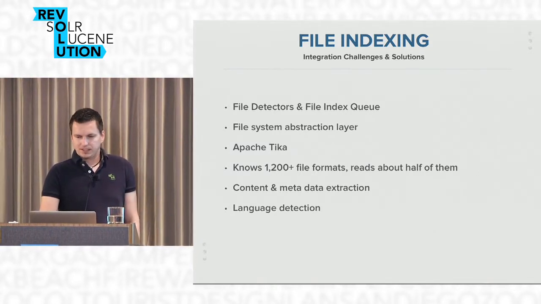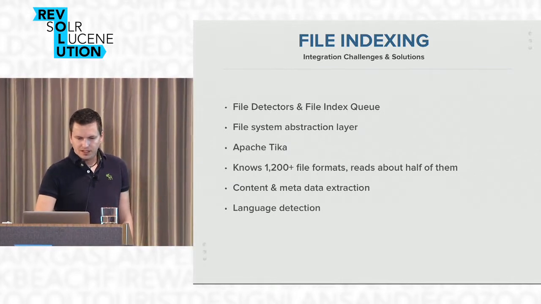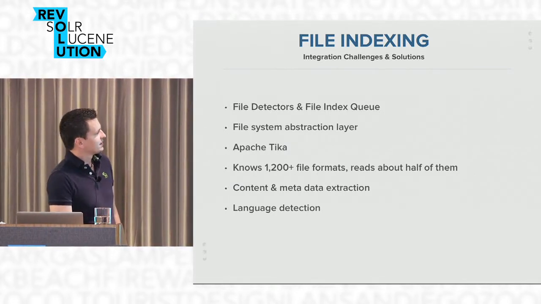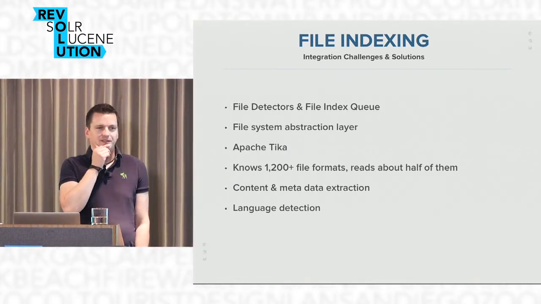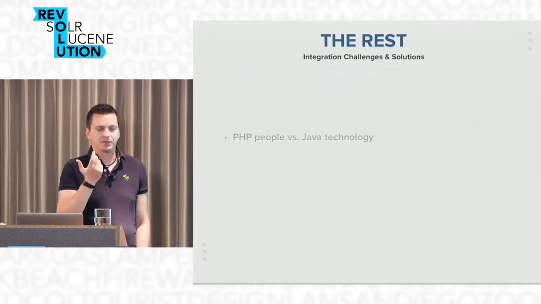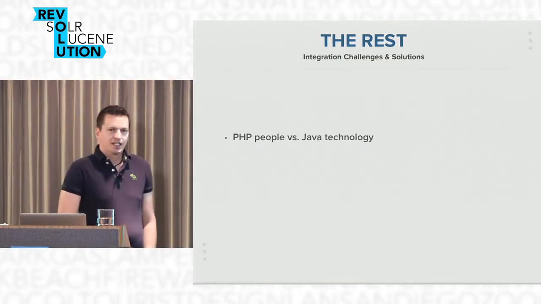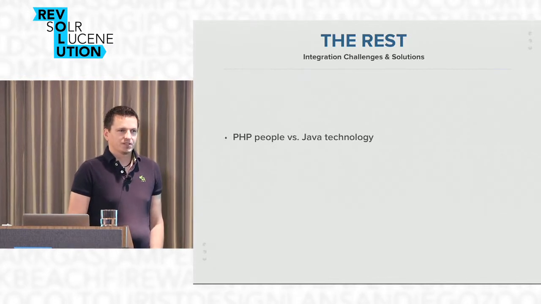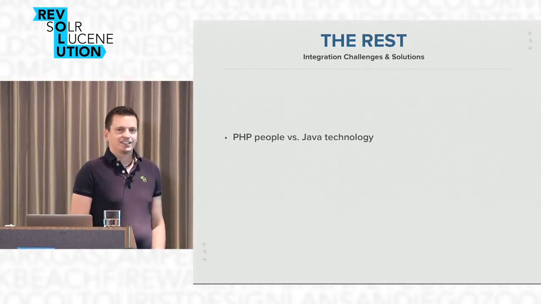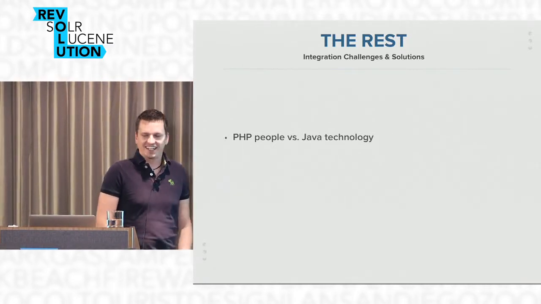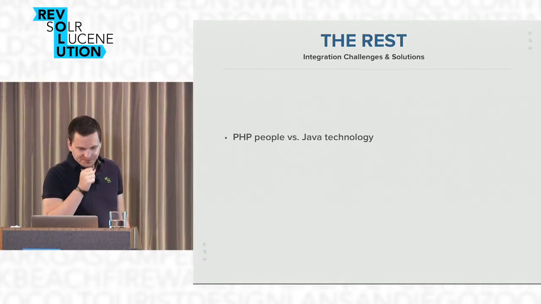And then, of course, there was the rest. TYPO3 is a PHP-based content management system, and the Solr world is a Java world. And obviously, that doesn't go well together, most of the time at least.